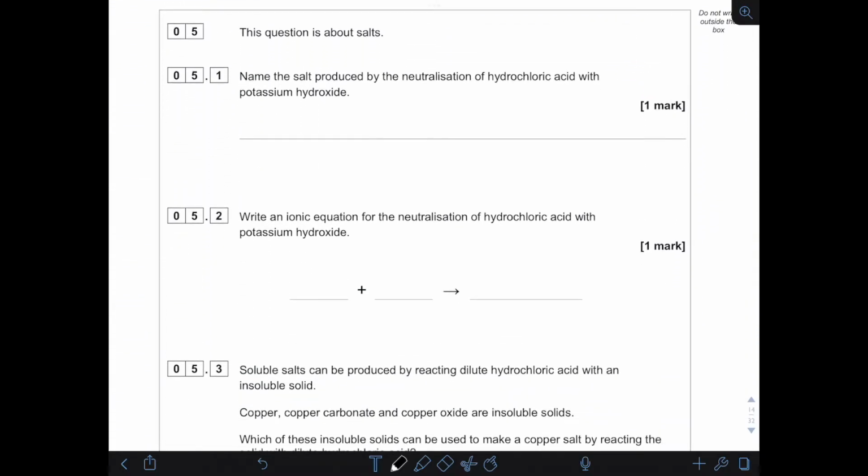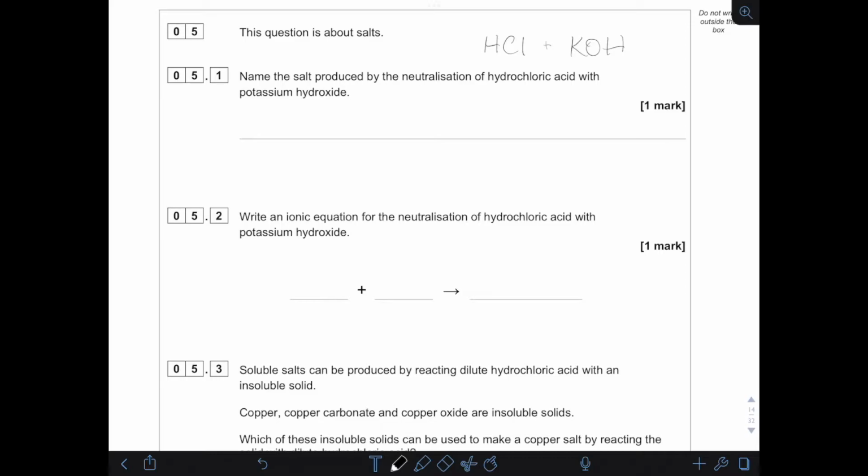Question 5, it's about salts. We love salts. Name the salt produced by neutralization of hydrochloric acid, HCl, with potassium hydroxide, KOH.